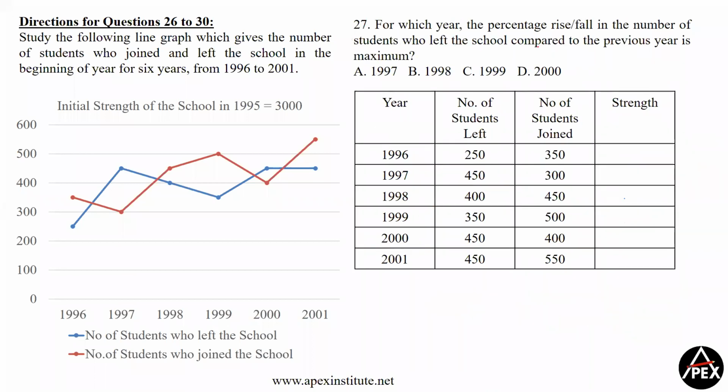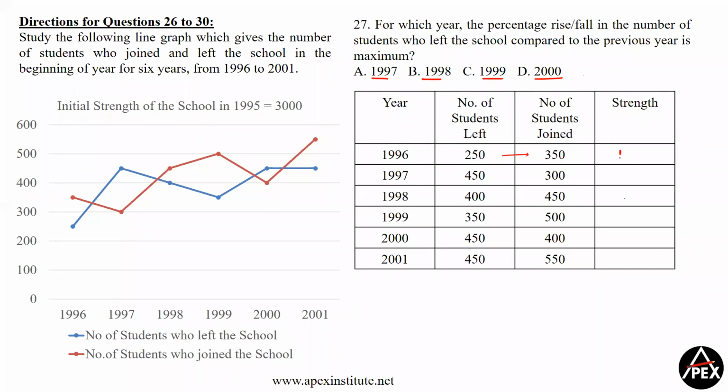Clear? Now, for which year is the percentage rise or fall in the number of students who left the school, compared to the previous year, maximum? Let's not check all the years. Check for these four years.